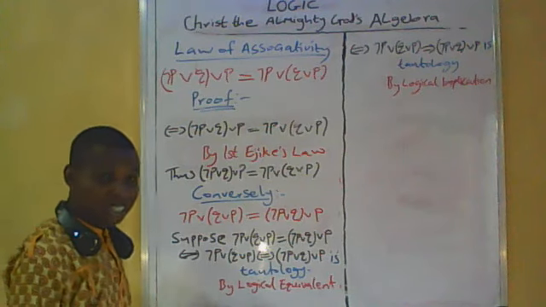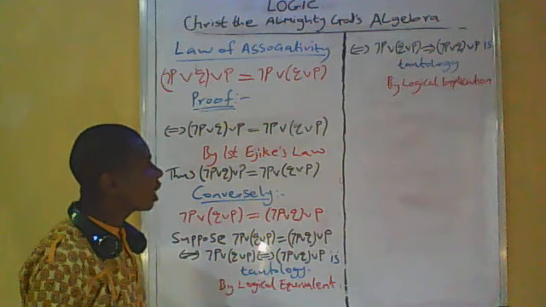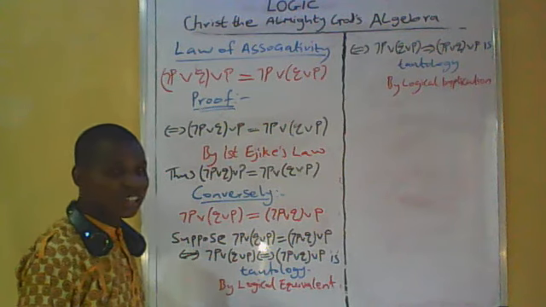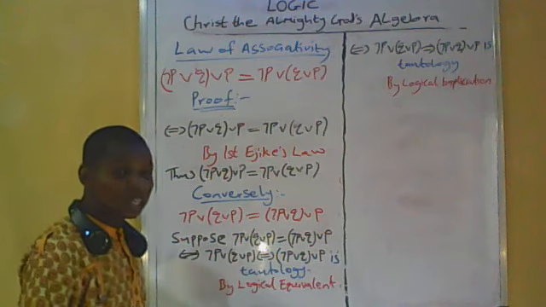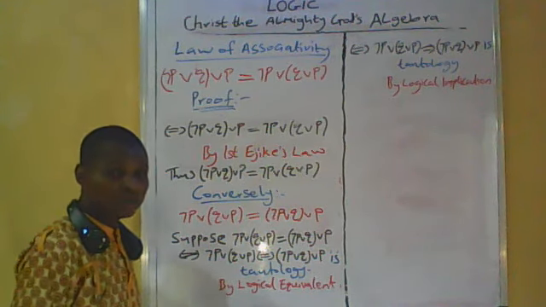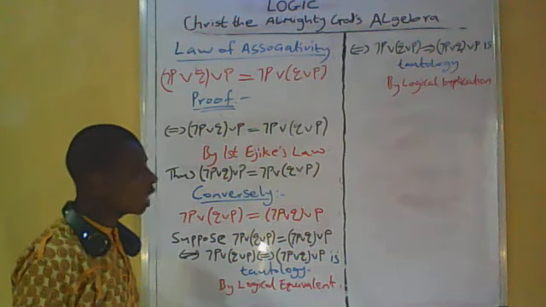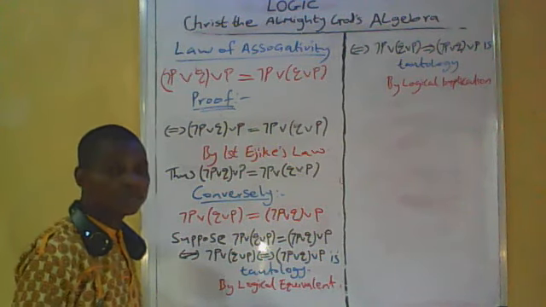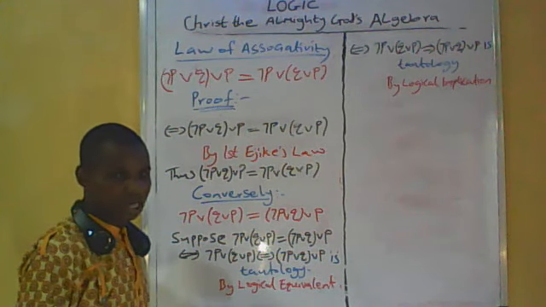If that is the case, we say that not P or (Q or P) implies (not P or Q) or P still preserves tautology. It is a tautology being justified by logical implication.